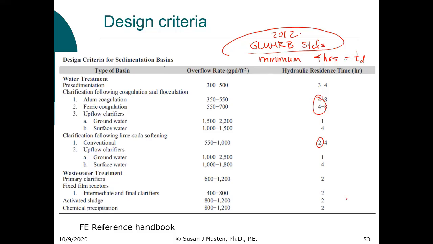So while I was hoping we could move to the 2018 standards, let's just stick with the 2012 standards. There aren't significant changes in terms of the major design. But this just gives you some sense of the hydraulic residence times or detention times in these basins.